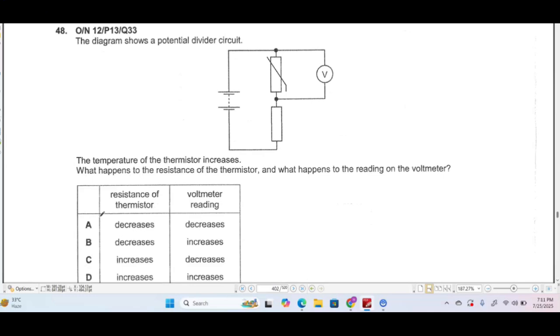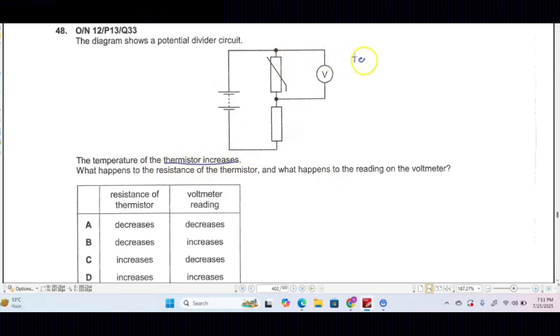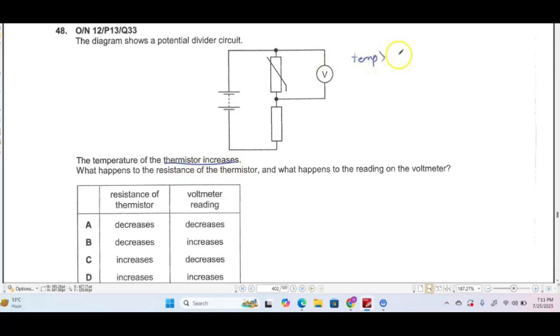Okay, question number 48. The diagram shows a potential divider circuit. The temperature of the thermistor increases. What happens to the resistance of the thermistor and what happens to the reading on the voltmeter? As we know, the temperature of the thermistor has increased. So when the temperature increases, the resistance decreases, and so does the voltmeter reading.